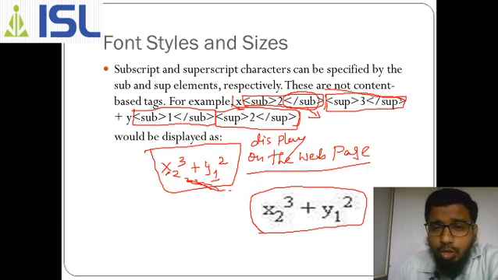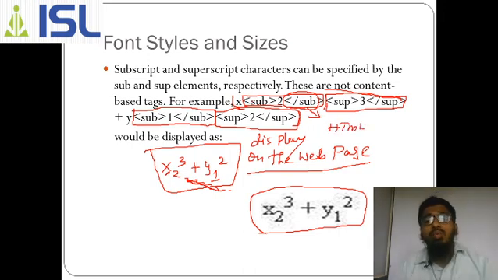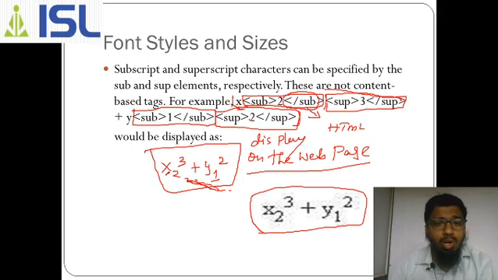An opening tag and closing tag is a must. And these sub and sup tags we are not creating. These tags are predefined by HTML. We are using the HTML tags. So this is a basic thing. What is font style and font size?